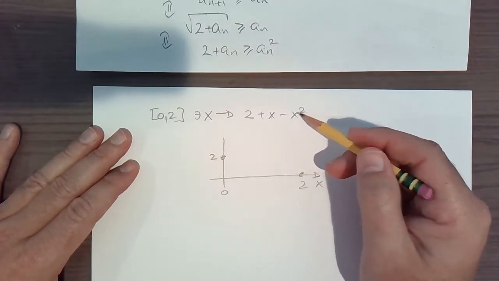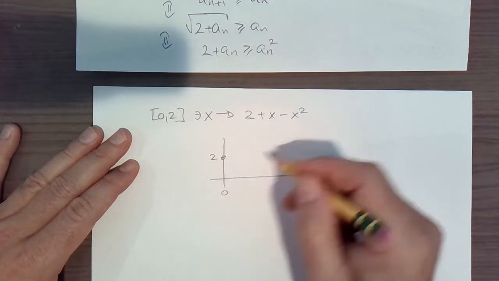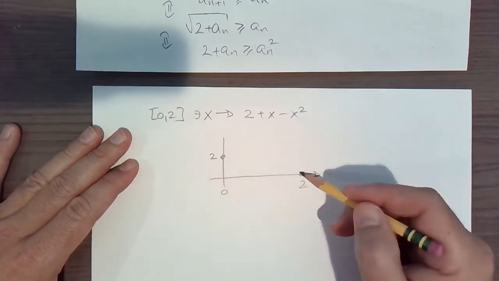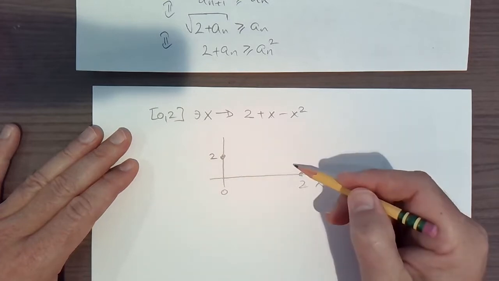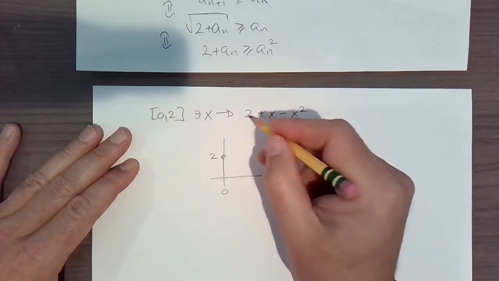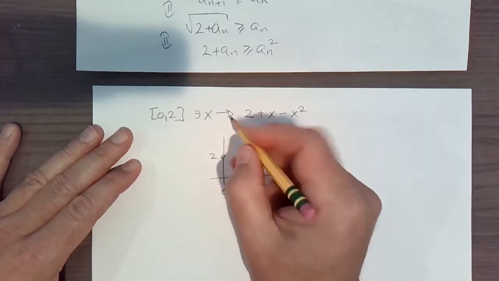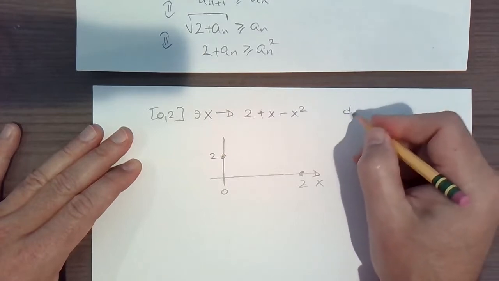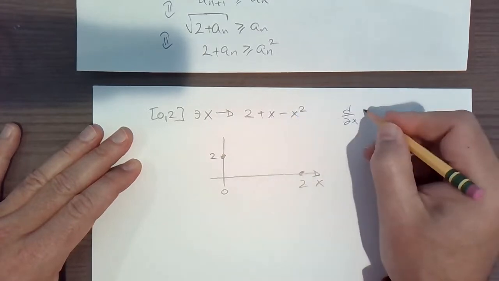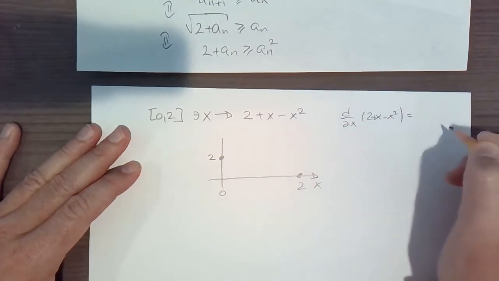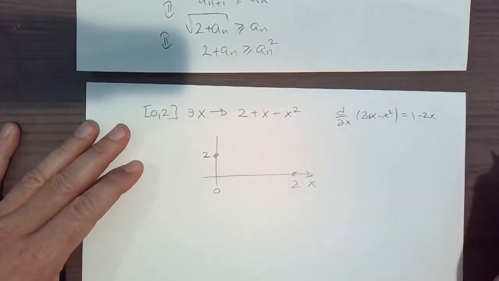Because when x is big, so where does the top point have to be? It has to be in between here. I guess it could also be over here. Let's figure out where it takes its max. If I take the derivative with respect to x of 2 plus x minus x squared, this is 1 minus 2x.